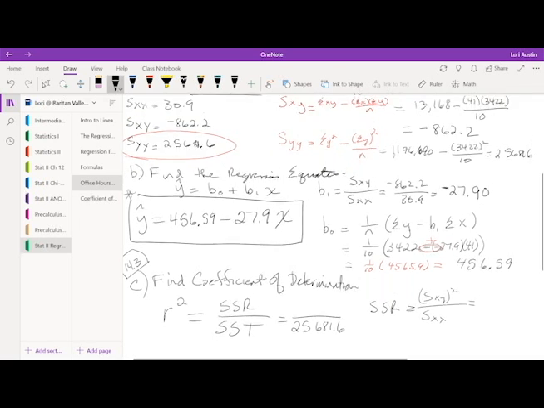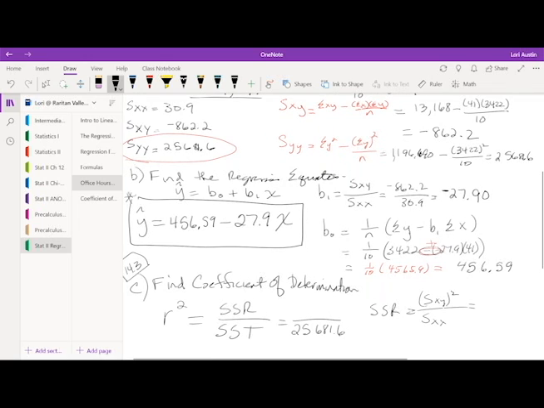All right, so plug in your X, Y value, which was negative 862.2 squared. And then our XX value was 30.9, and let's calculate that.